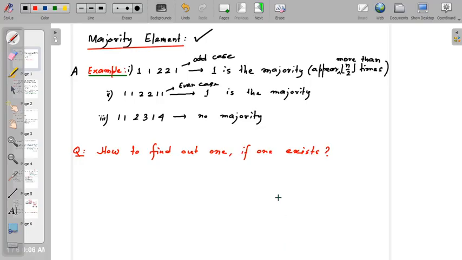Okay. So this is majority element finding, and what is that problem? Let us take this array. Before going to this, this majority element has many applications in today's world.